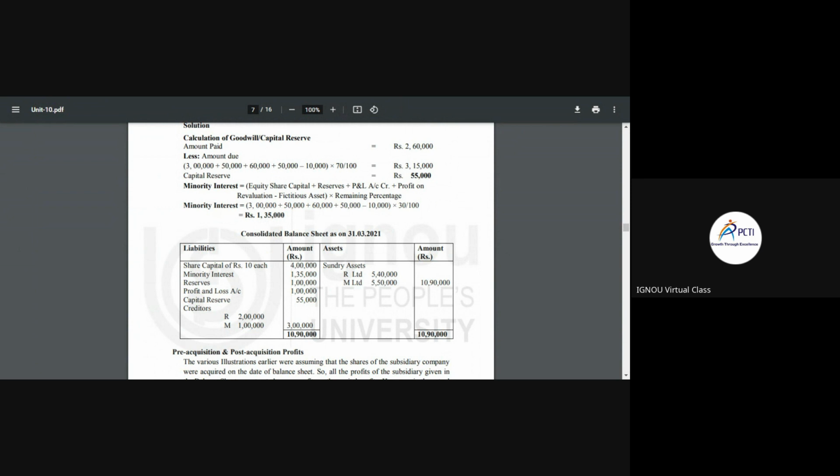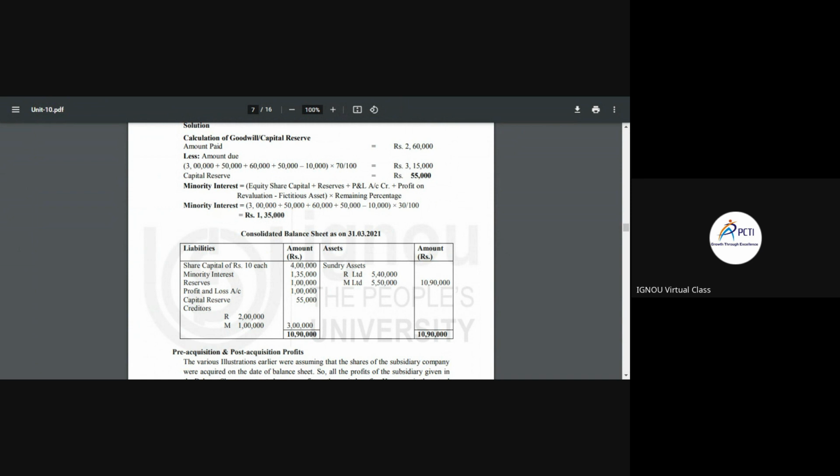The amount we paid is 2,60,000 and the amount due is 3,15,000, so we are in negative. So we have 55,000 as capital reserve, because the difference is credited to the capital reserve account.